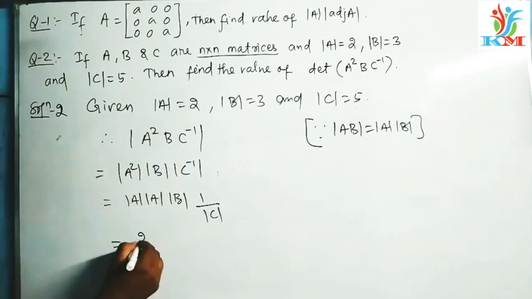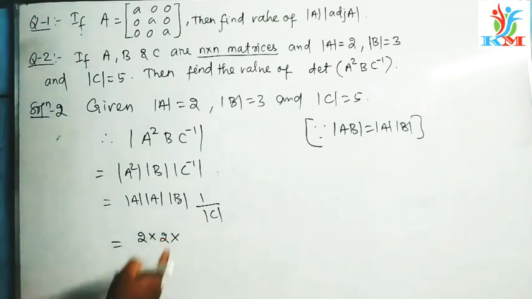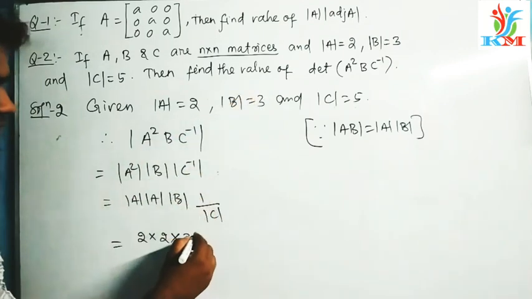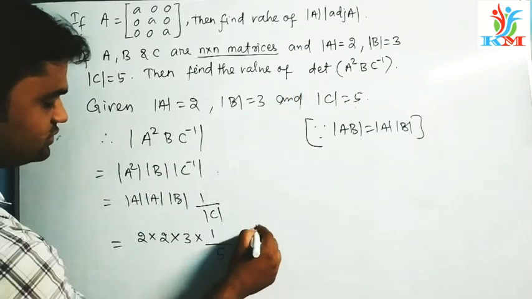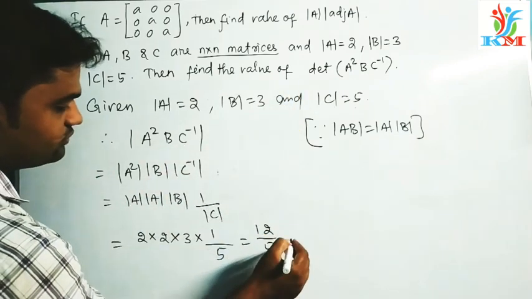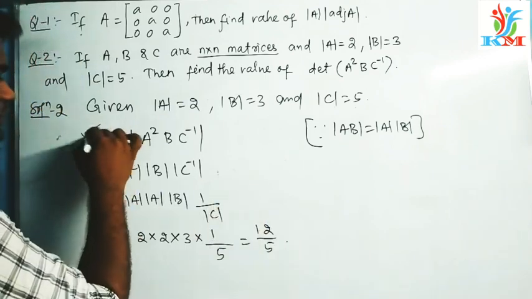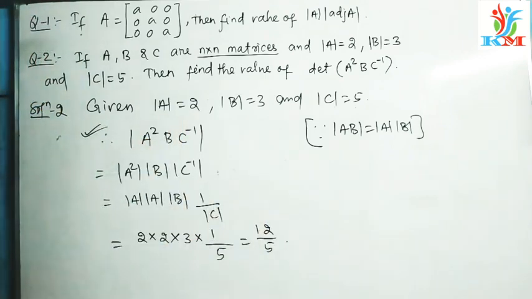So it is 2 into 2 into determinant of B is equal to 3 into 1 upon determinant C is equal to 5. So it is 12 upon 5. So determinant of A square B C inverse is equal to 12 upon 5.